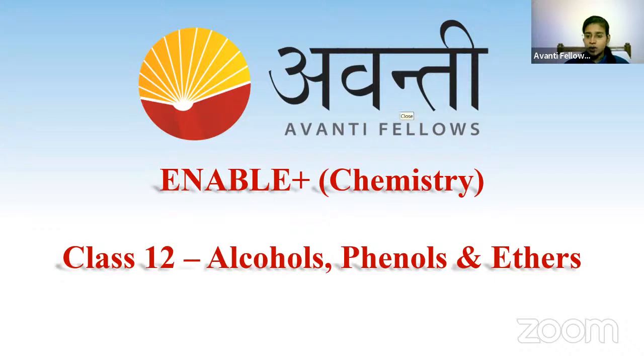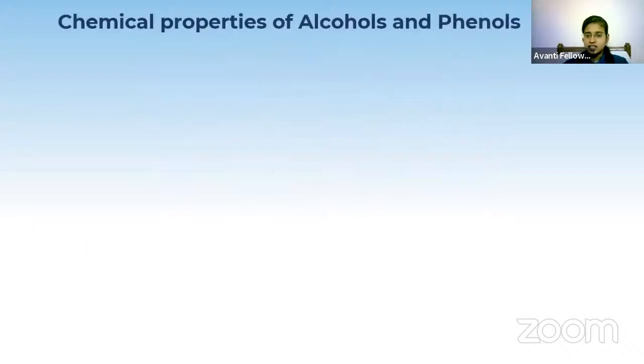It is not about haloarenes. It was about the alcohols, phenols, and ethers. Sorry for that. So today we are going to see some more chemical properties of alcohols, phenols, and ethers.